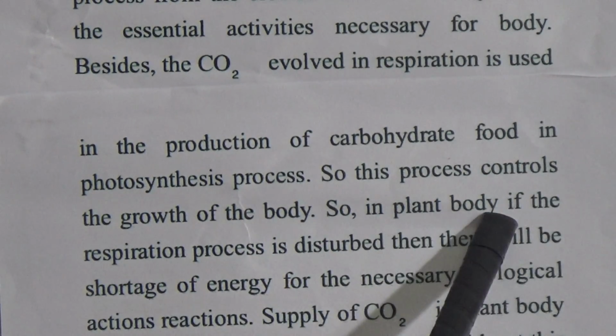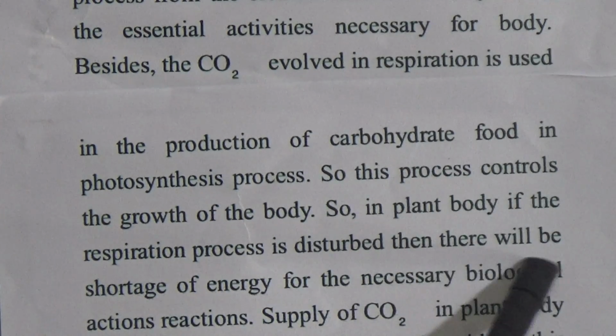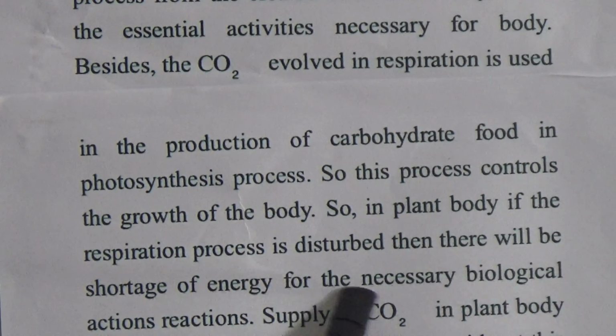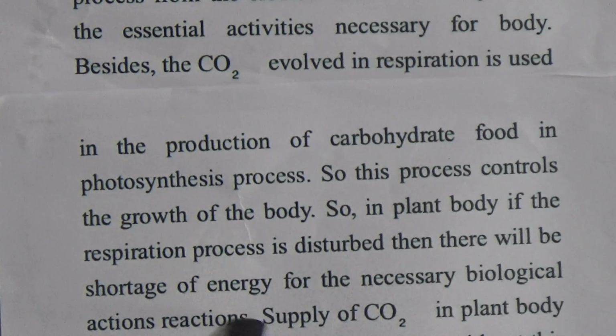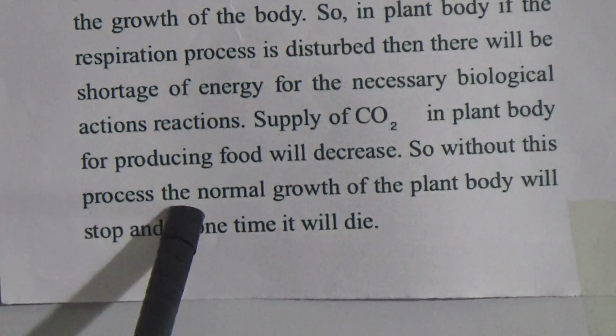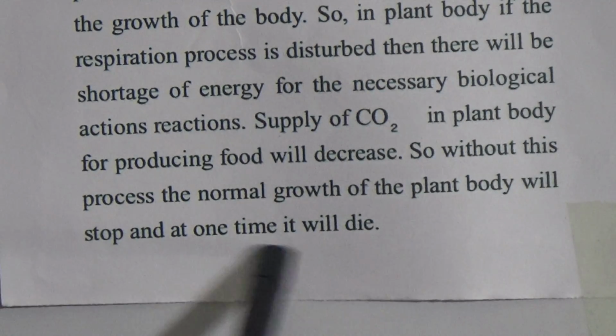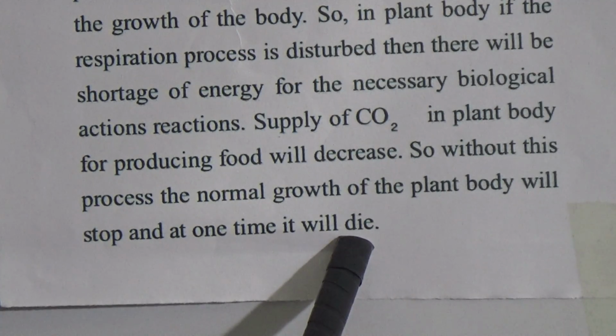So, in the plant body, if the respiration process is disturbed, then there will be a shortage of energy for necessary biological reactions. Then the supply of carbon dioxide in the plant body for producing food will decrease. So, without this process, the normal growth of the plant body will stop, and at one time it will die.